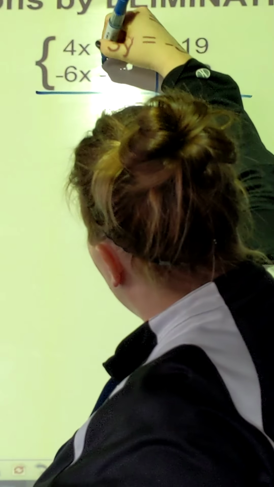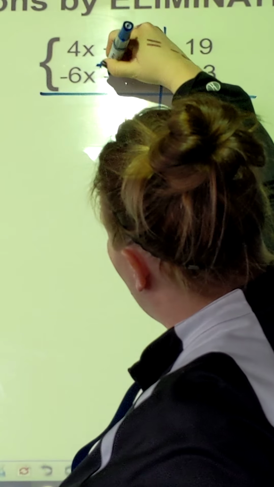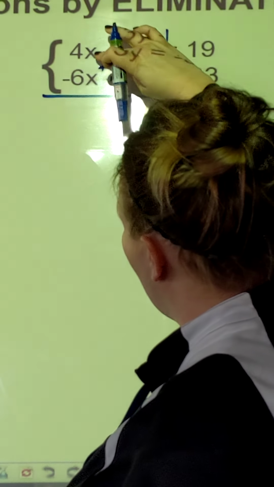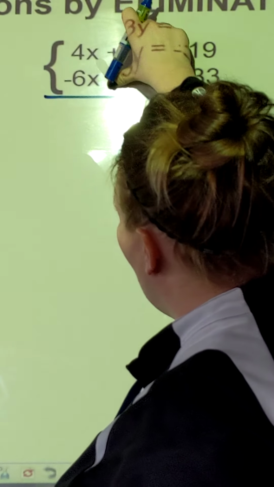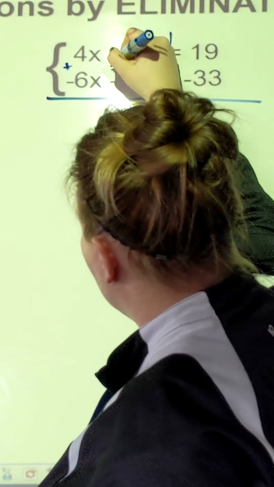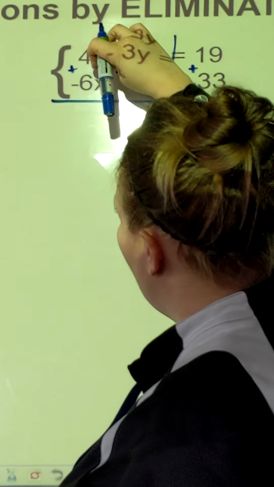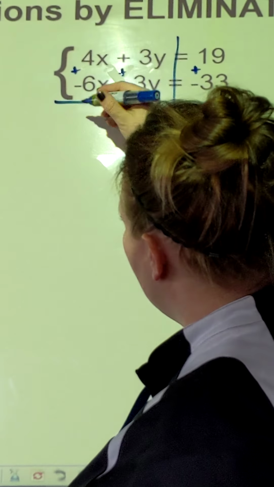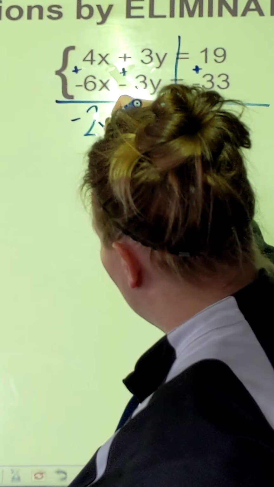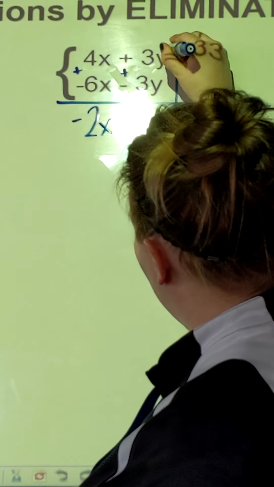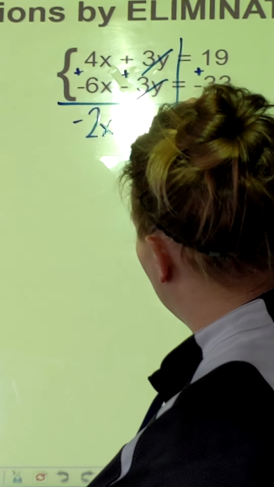If these are already opposite, if I subtract, it's going to turn this into a positive. But then, now I have 3 and positive 3. Oh, so yes. So they're already opposite, so I get to just add these, which is nice. So 4 and negative 6 is negative 2. 3 and negative 3 makes 0.